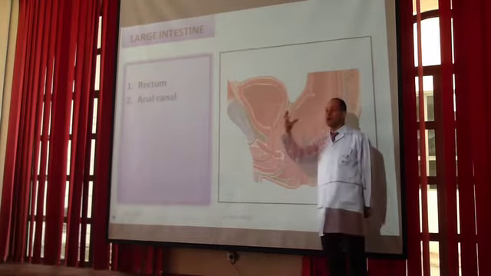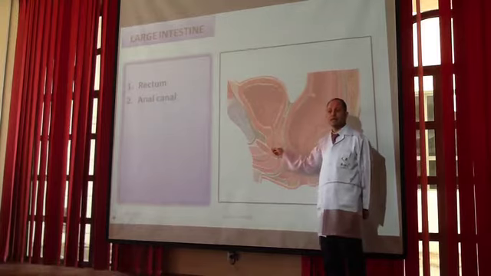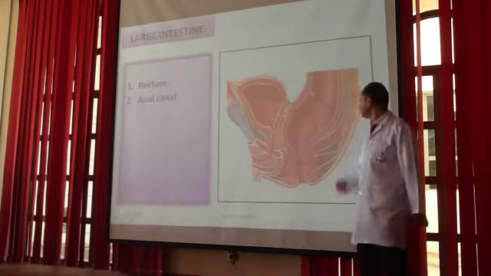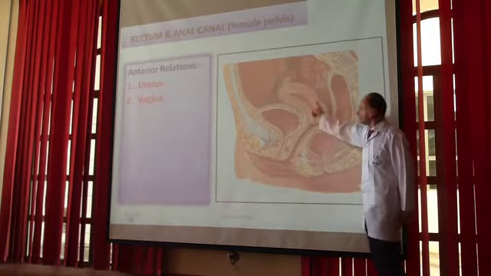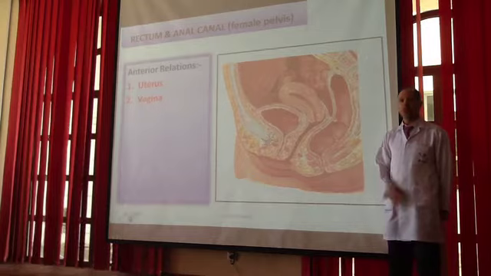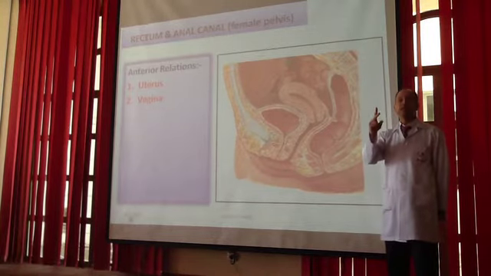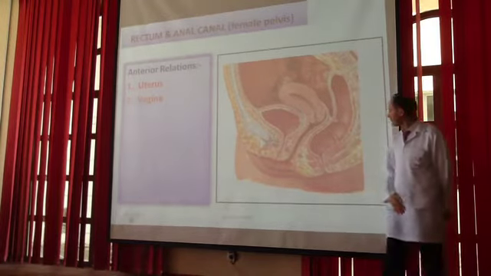What else? The gland below the level of the urinary bladder, which is prostate. In female, we have the intervening internal female genital organs. So we have two relations, uterus and the vagina.